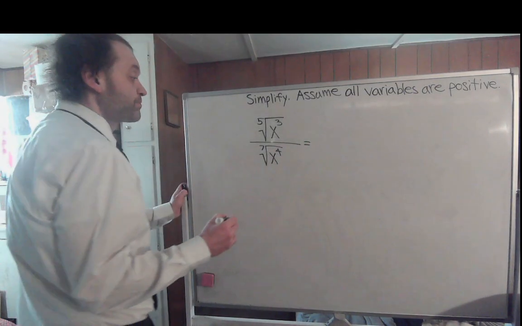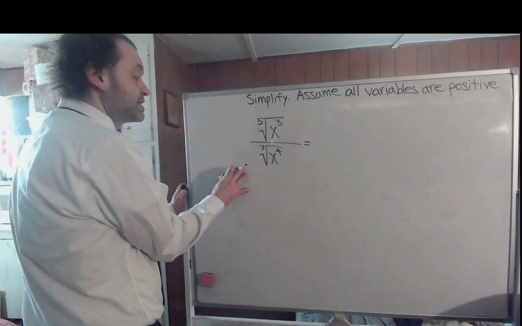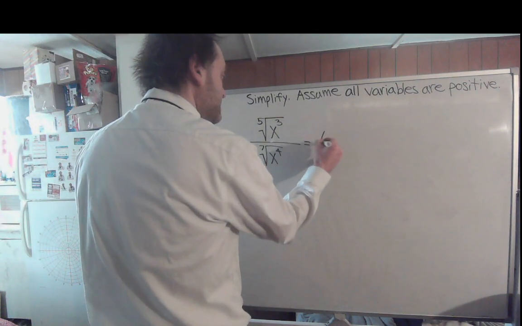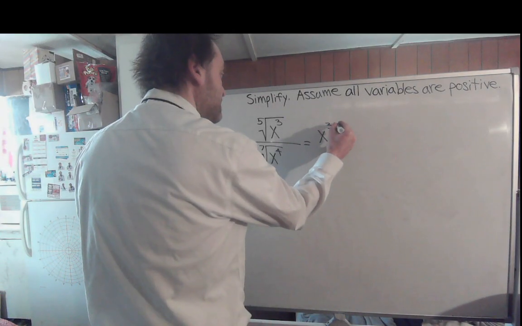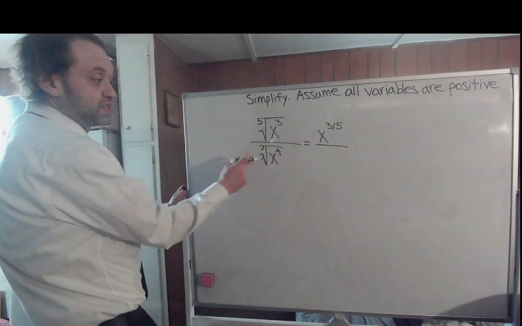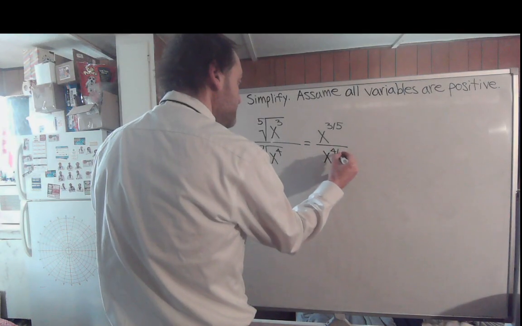So, x to the 3/5, right? Oh, I'm sorry, fifth root of x to the third is the same as x to the 3/5 all over the seventh root of x to the fourth. That's the same as x to the 4/7.